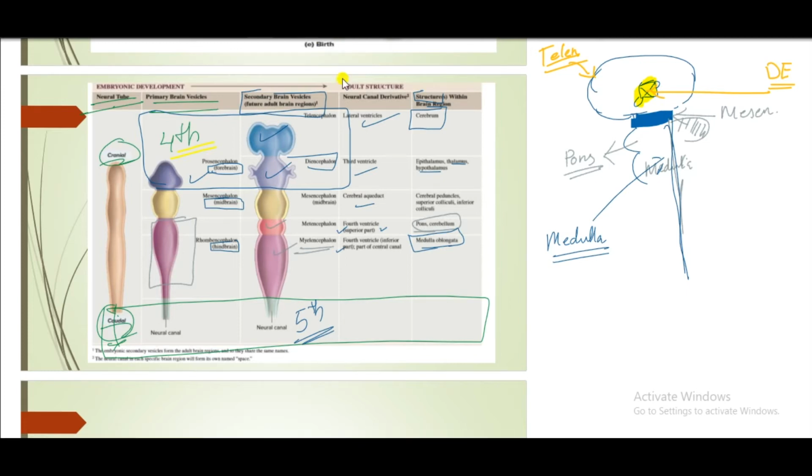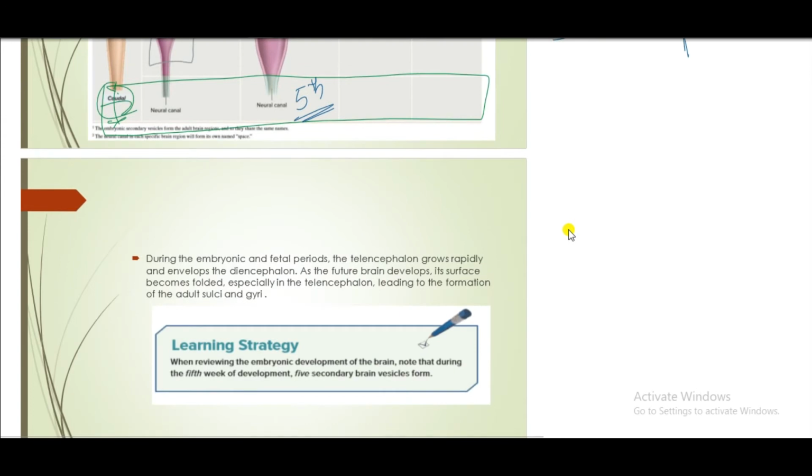So I will draw to make it easy for you. This is our lateral ventricle. We have two lateral ventricles. This is a coronal view.